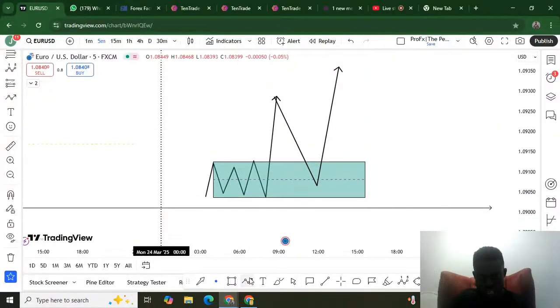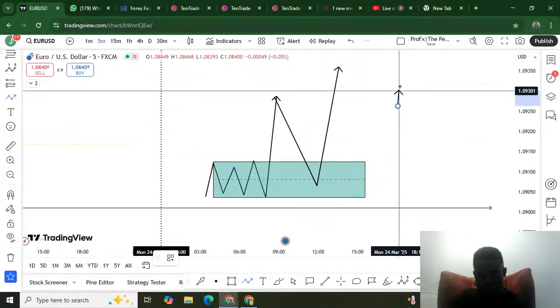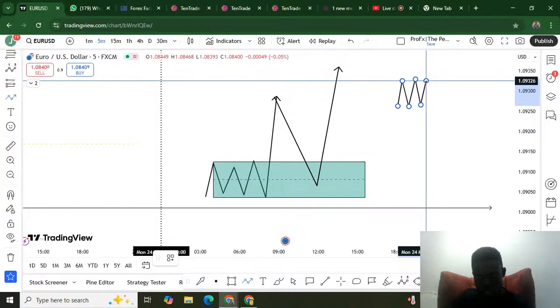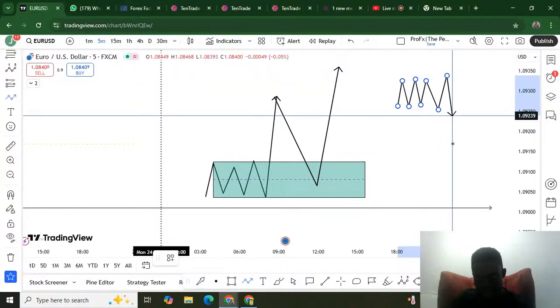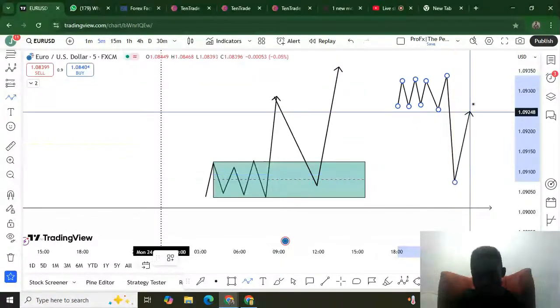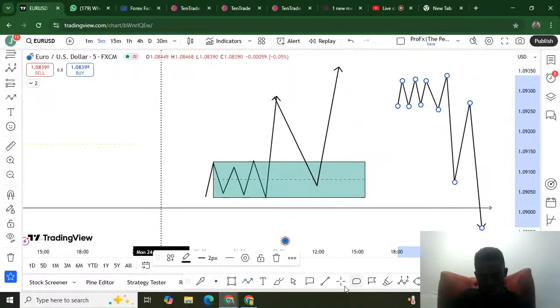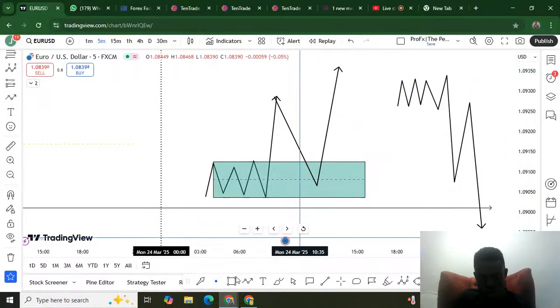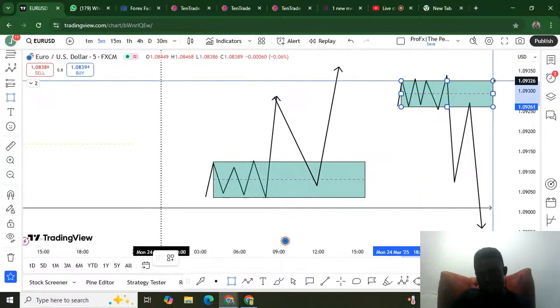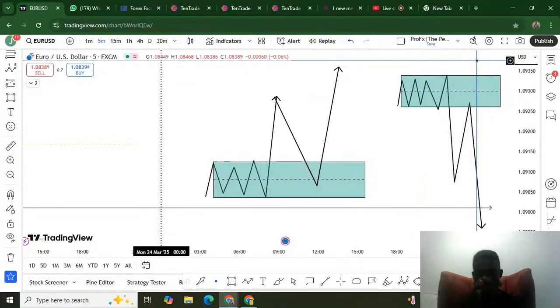Supply is the opposite. Supply is where we have accumulation of orders, up and down, up and down. Then we have a big push to the downside. We expect price to pull back to that accumulation and sell. So that particular zone where you have accumulated orders is supply. That's one way to explain supply and demand zone.